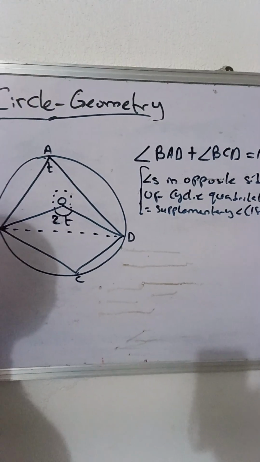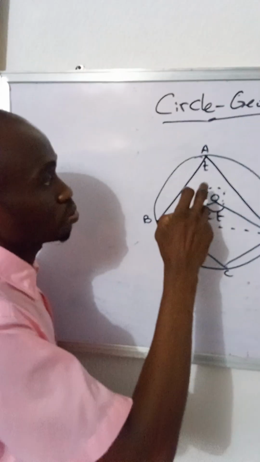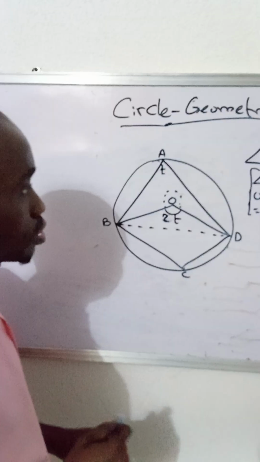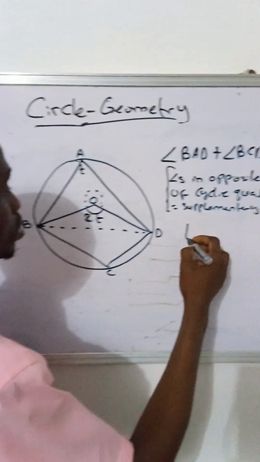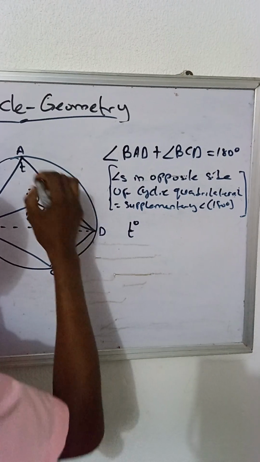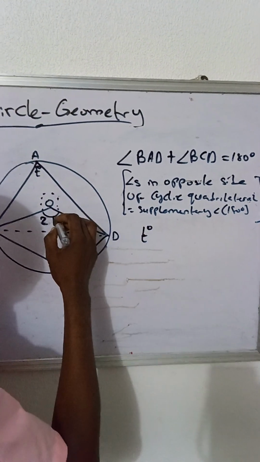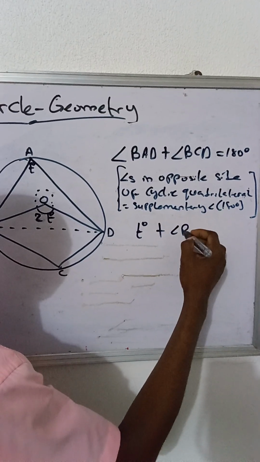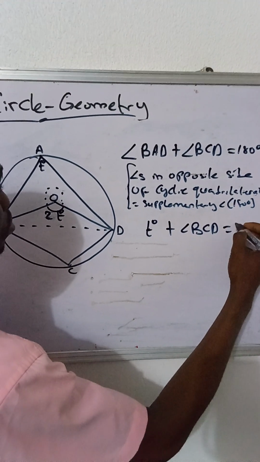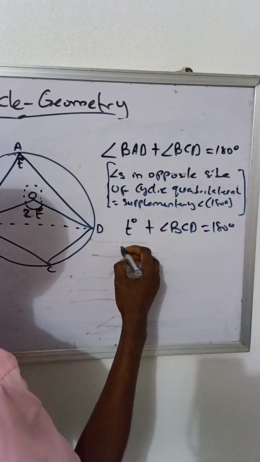So what do we have actually? Angle BAD we have as 60 degrees. Then angle BCD equals what?